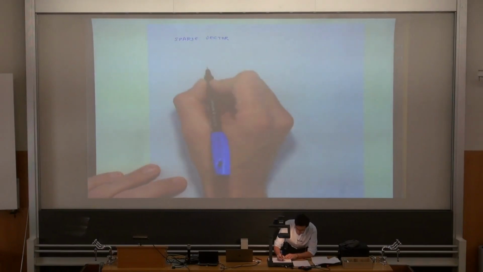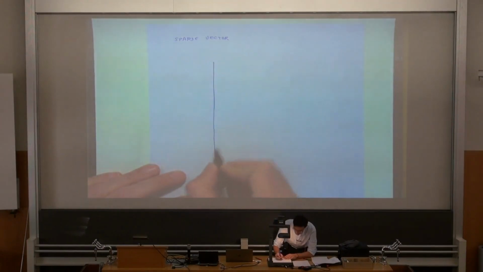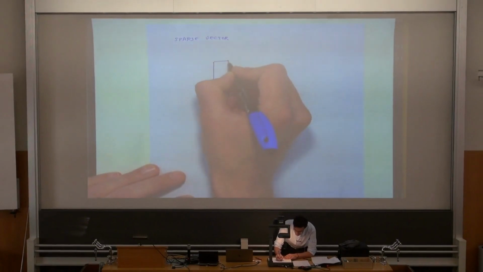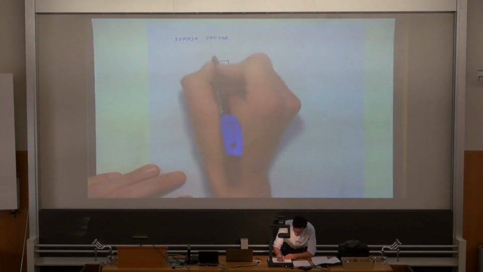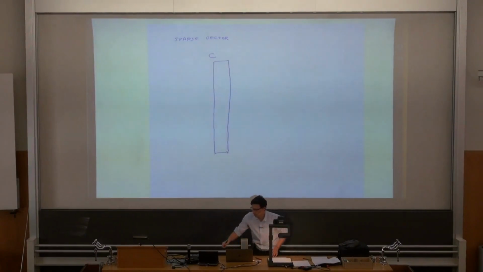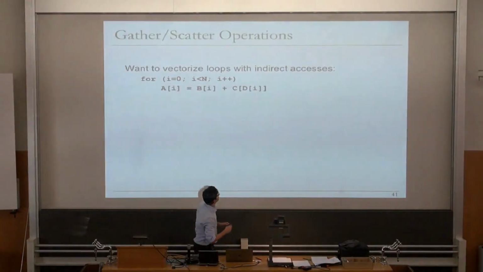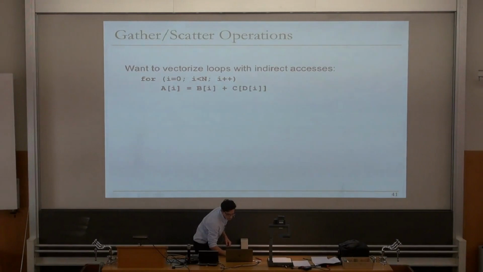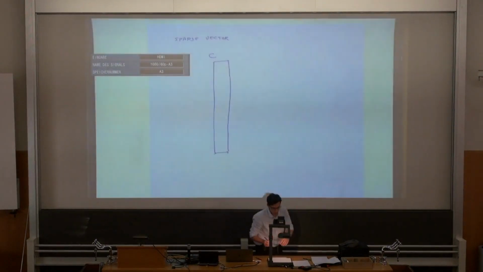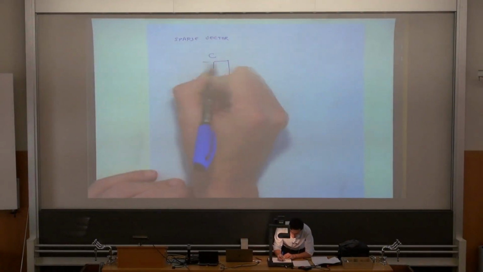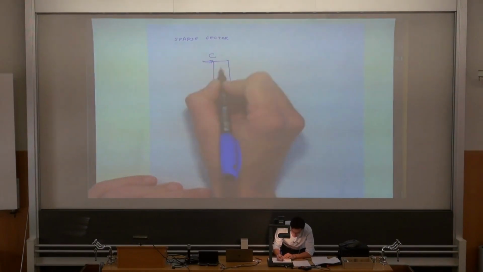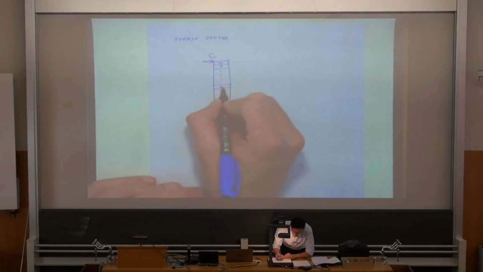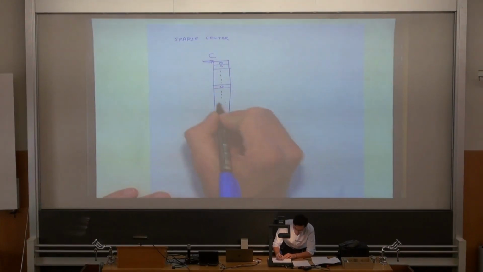So this is something that we are going to very frequently find these days. Assume that this is our array C. If we go quickly back to the example, recall that we had array C, and we will access array C according to the indices that we are going to read from array D. Interestingly, most of the elements in this array C are going to be 0, so we don't want to use them.